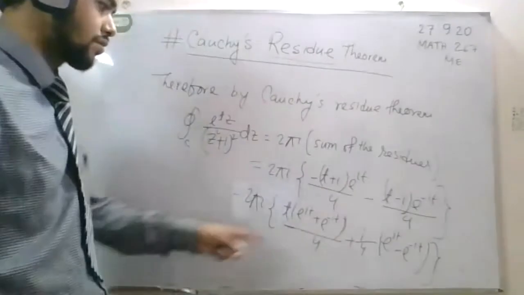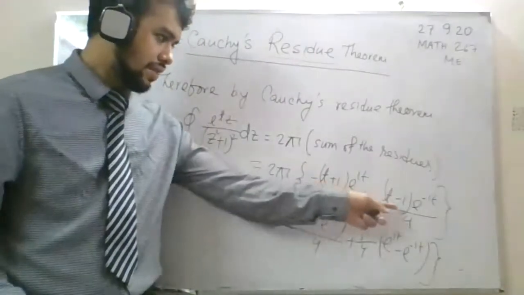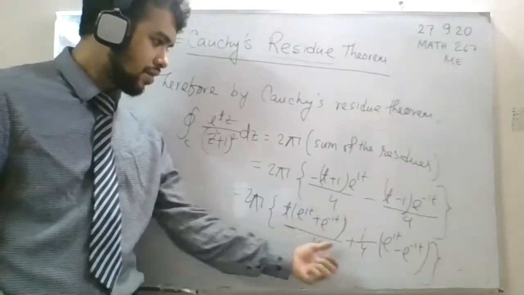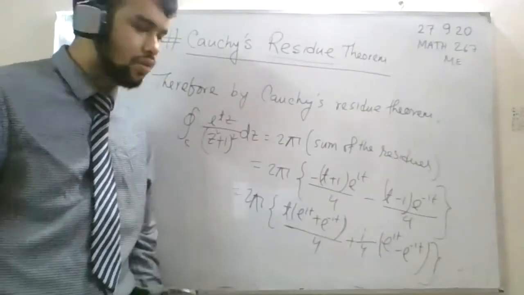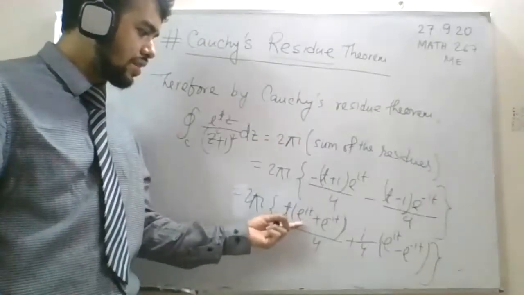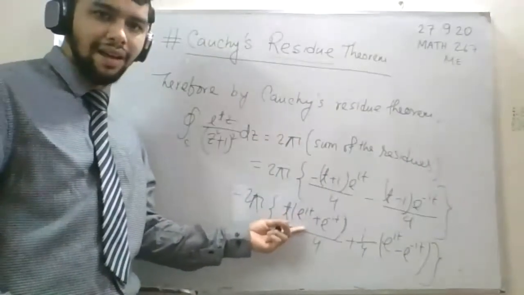Okay, just multiply this with this equation, and after that take common t and also I, separating the two things.